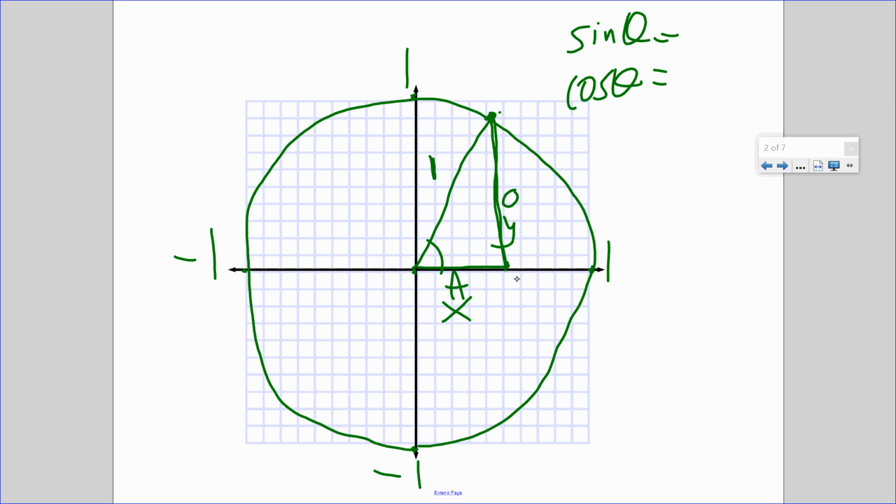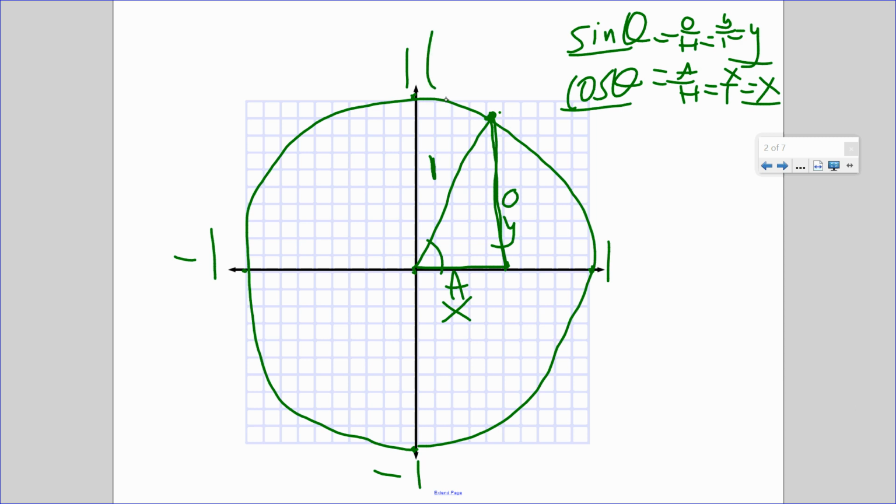So sine of theta would be opposite over hypotenuse based on SOHCAHTOA, which is y over 1, which is y. So basically, sine of theta is the y value of this point. Cosine is adjacent over hypotenuse, which would be x over 1, which is x. So cosine of theta is the x value of this point.